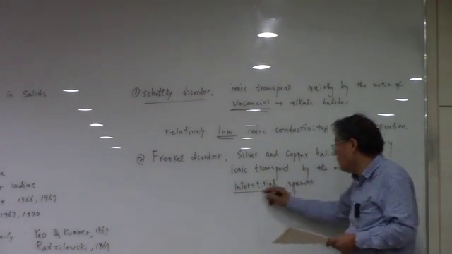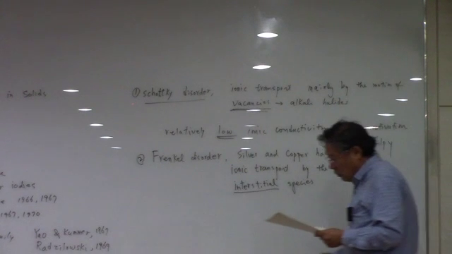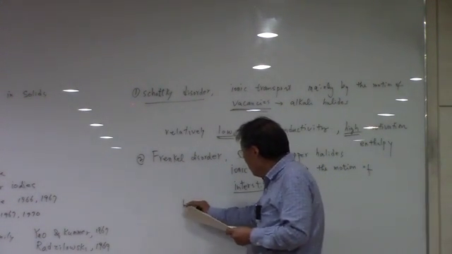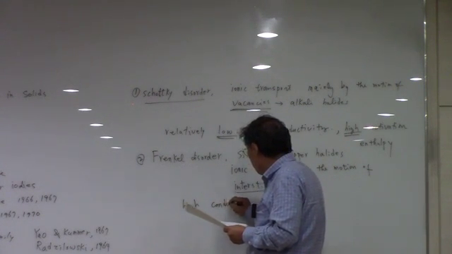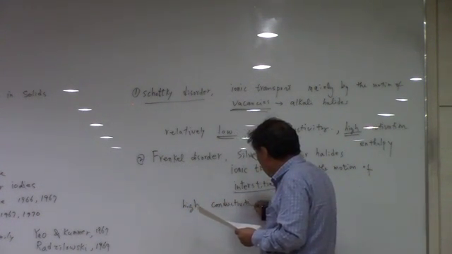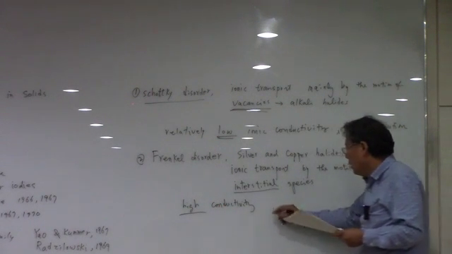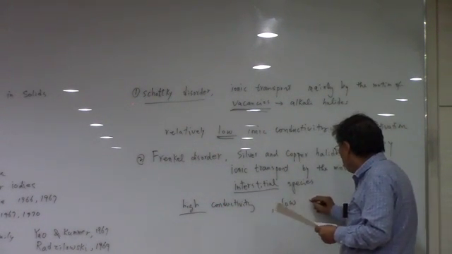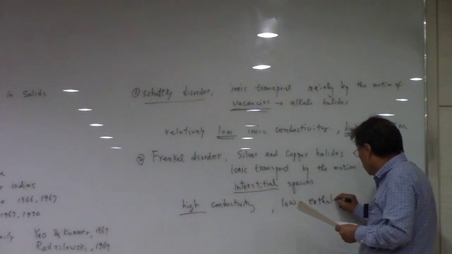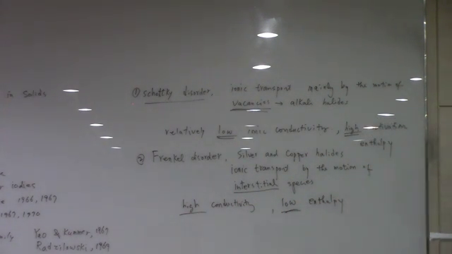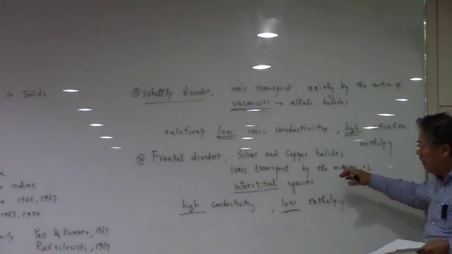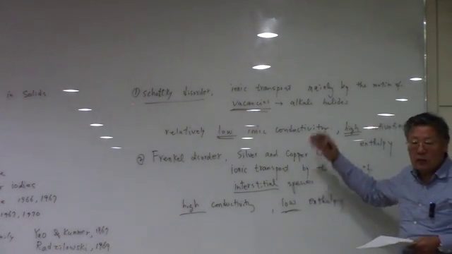So the interstitial species should show relatively high conductivity and low enthalpies. Okay, so fast ionic conductors should have a Frenkel disorder rather than the Schottky disorder.